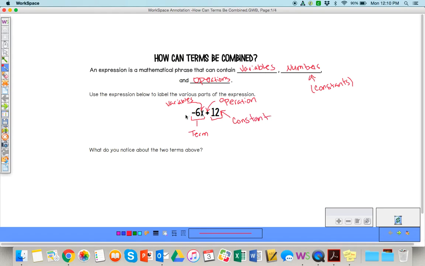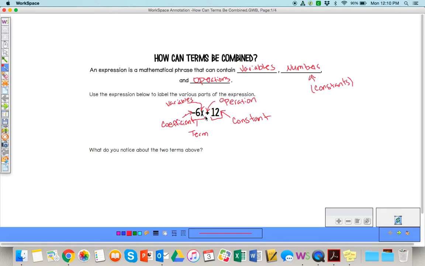And when we have a number that is attached to a letter, like this -6, it is called a coefficient. Okay? So we have all these different parts of an expression, and they all kind of help us do different things.